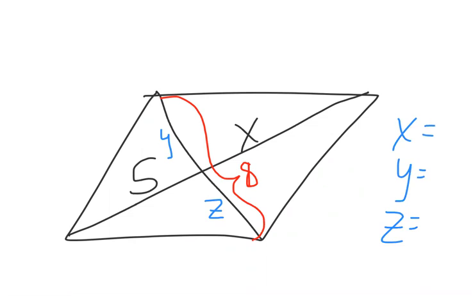Pick your letter and tell me what it is. Demetrius, pick a letter and tell me what it is. Demetrius, are you there? Yeah, I'm right here. Oh, good. All right. Pick a letter. Tell me what its value is.